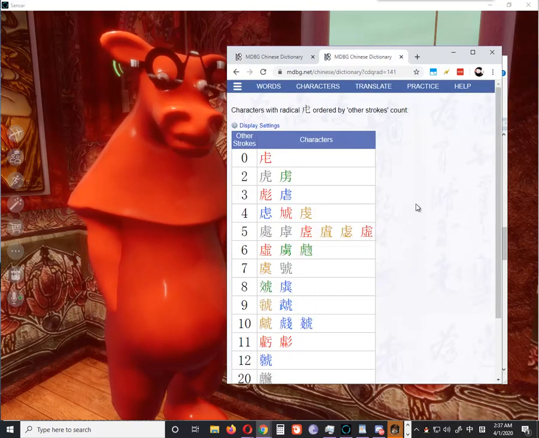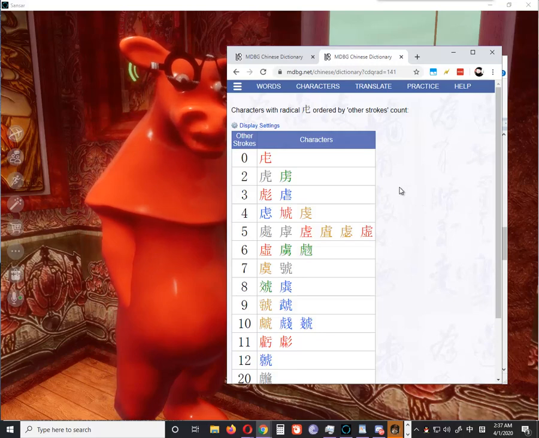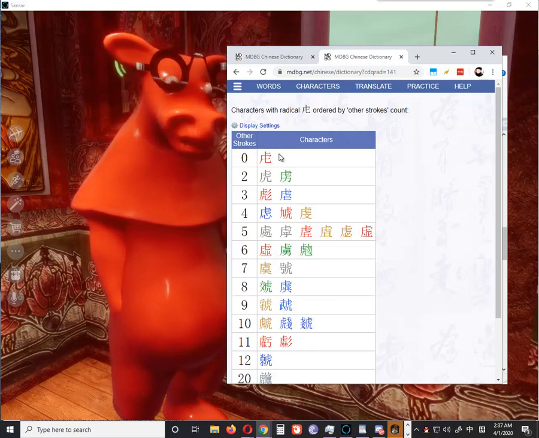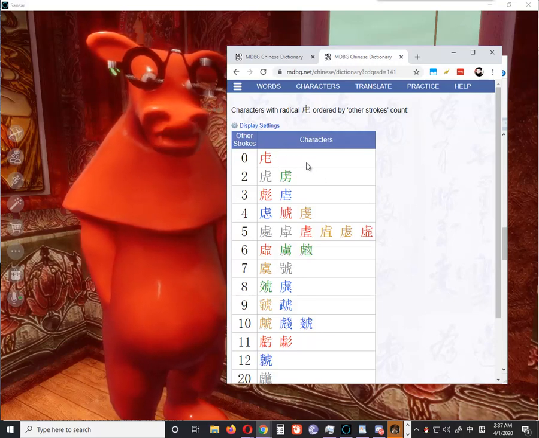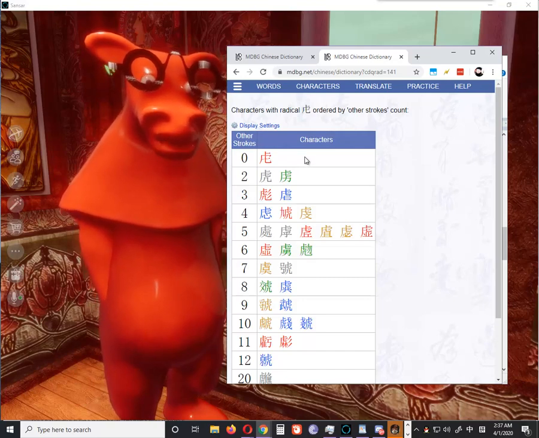Now, how many more strokes do we have besides this? Well, if you remember, we had a Ko and a Tian, right? And Ko is 3 and Tian is 4, so that would be 7 more strokes.